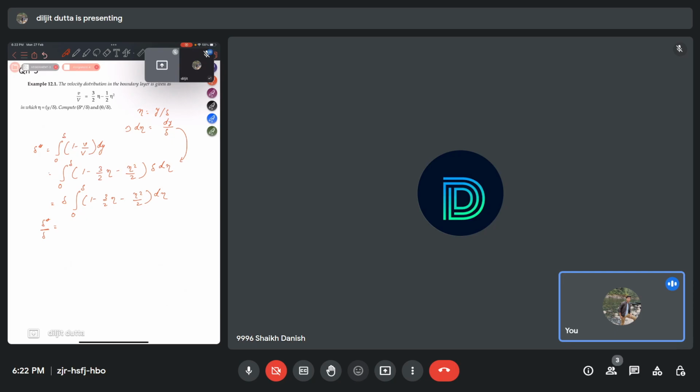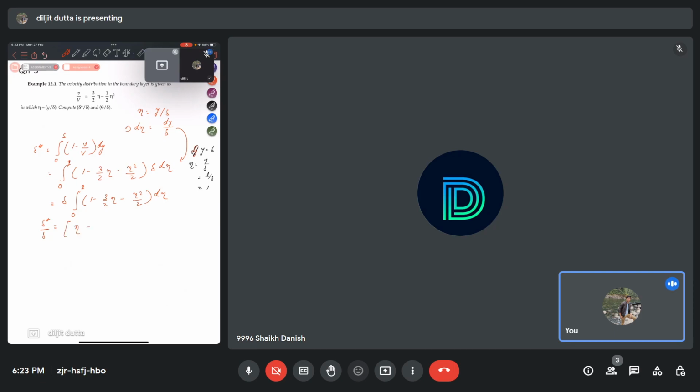One thing, when you are changing the scale from y to eta, the upper limit will also change. If y equals delta, eta equals y by delta equals 1. So the upper boundary condition is from 0 to 1.